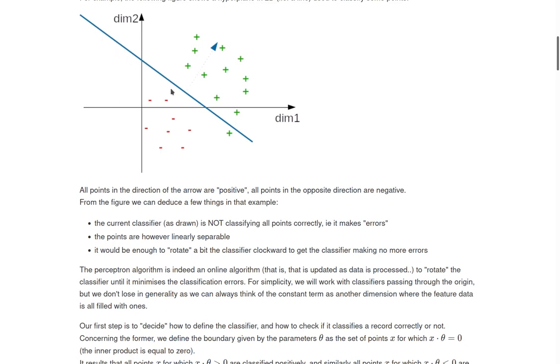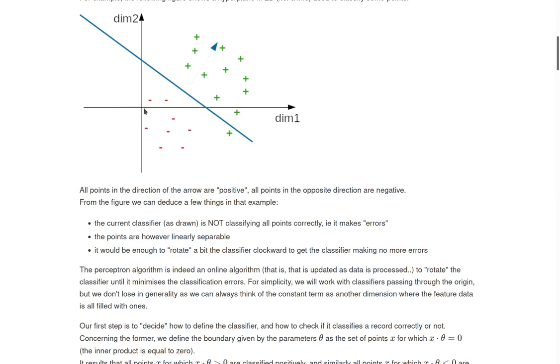So we will start from one hyperplane, and we provide the data one at a time, and with this data one at a time, we make, at each time, possibly a rotation, till we find a position, and we find the parameters of the hyperplane that minimize the error. And for simplicity, we will work with classifiers that pass through the origin.